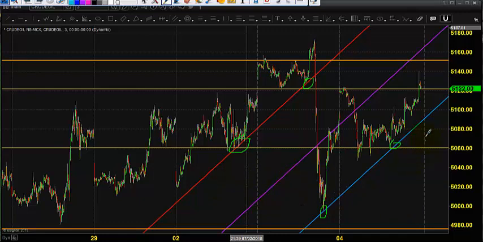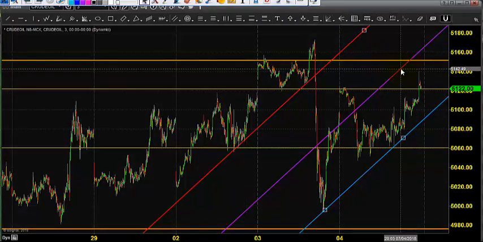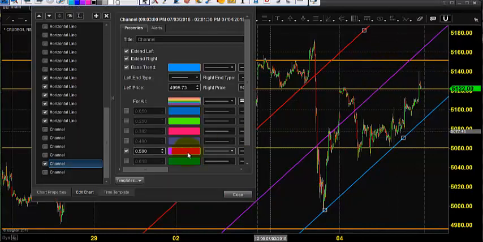Today the price is expected to open somewhere in this zone, so the price should push itself to move towards this trend so that it can continue its buying. If it is finding resistance, then there should be some short term selling. In that way we hope this will be of some use for traders.